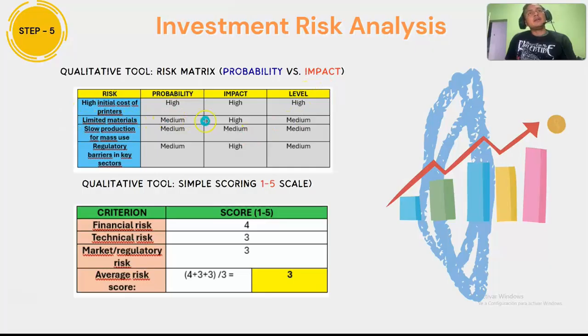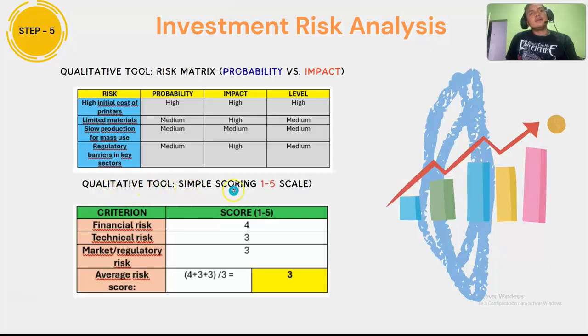Limited materials: medium, high, medium. Slow production for mass use: medium. Regulatory barriers in key sectors: medium, high, medium.